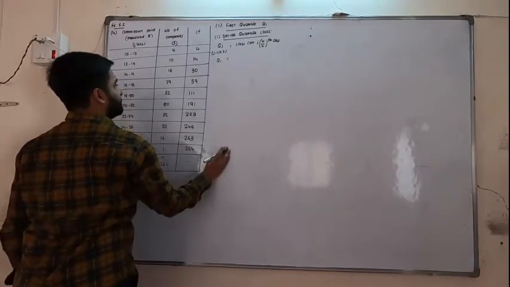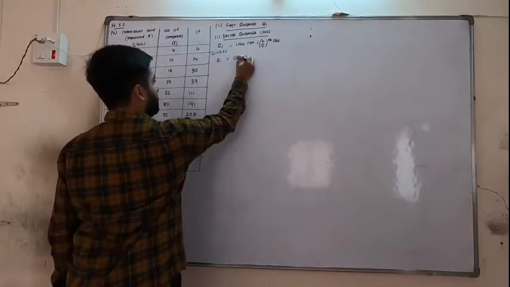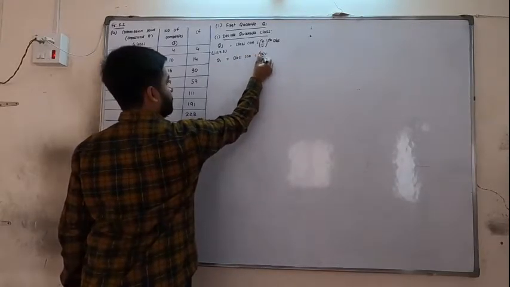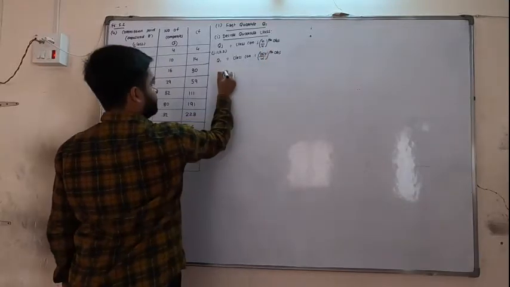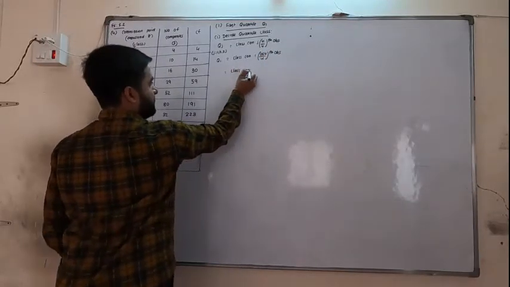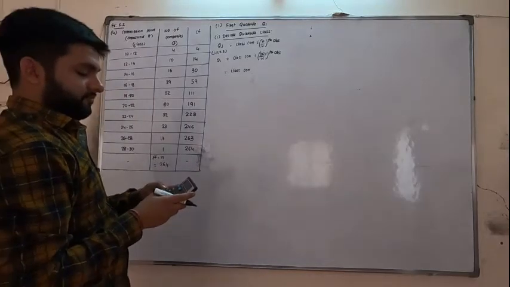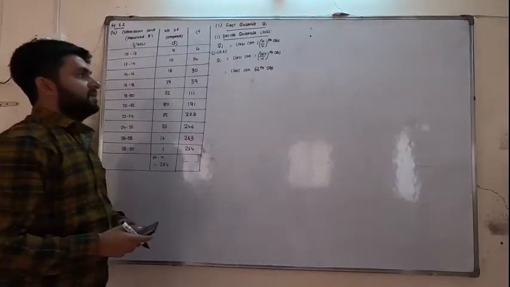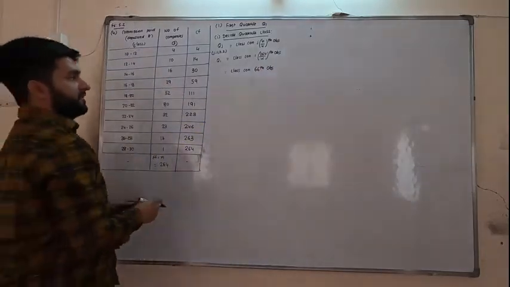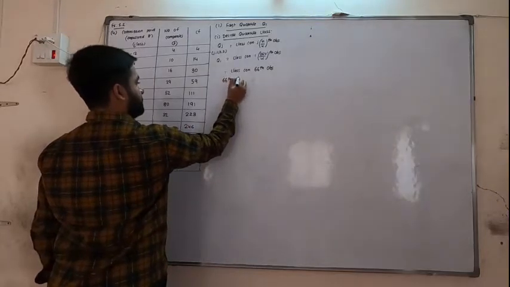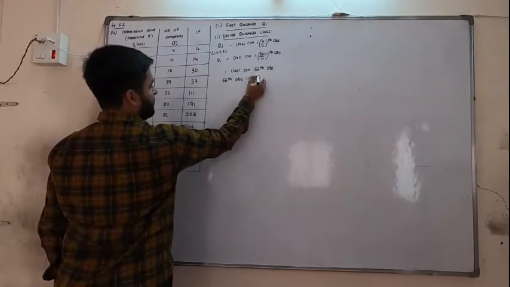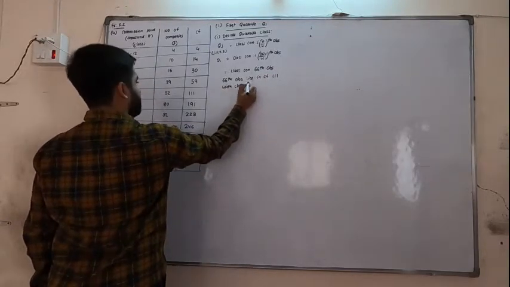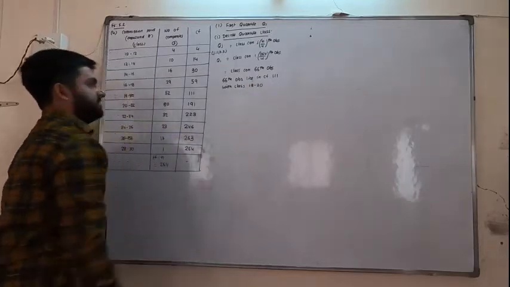We need Q1, so the class containing the 264 by 4 into 1, that is the 66th observation. The 66th observation lies in CF 111, with class 18 to 20.